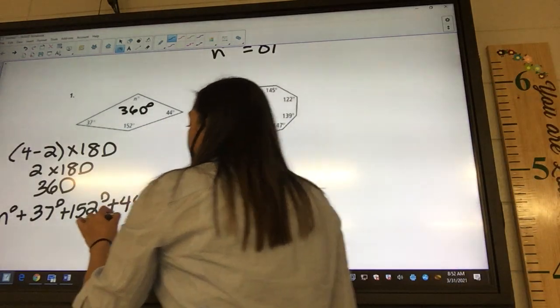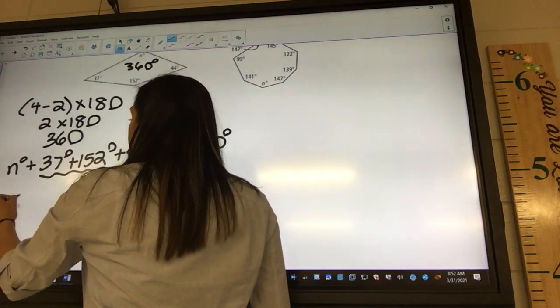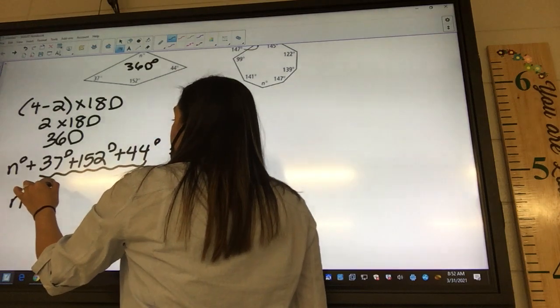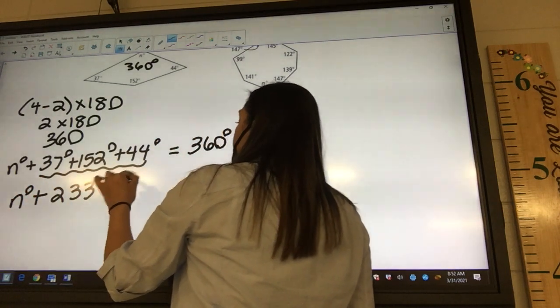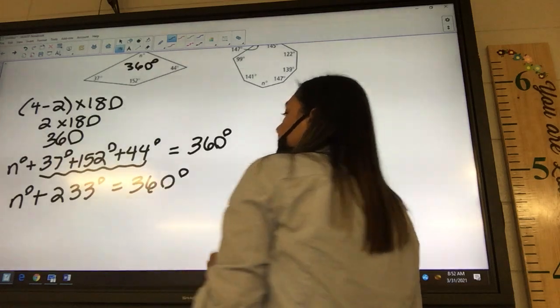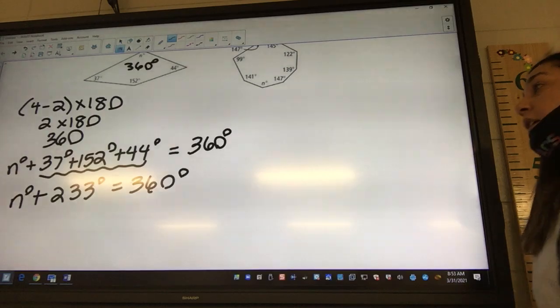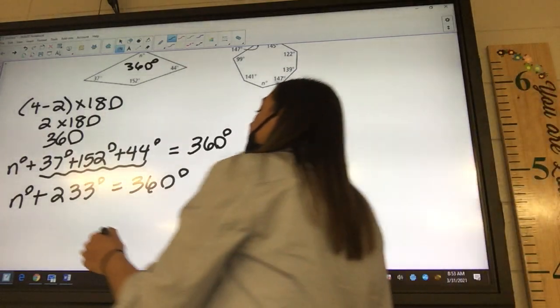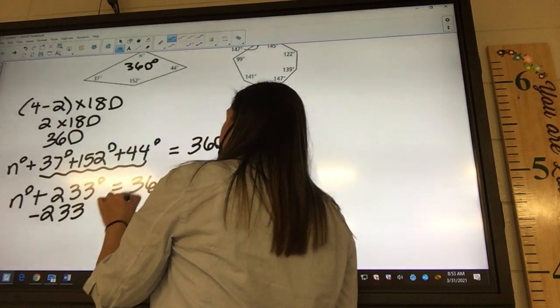We could add up the other ones, the 37, the 152, and the 44, to give me 233. So n degrees plus 233 degrees equals 360 degrees. Minus 233 on both sides.